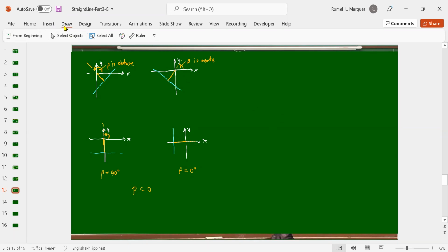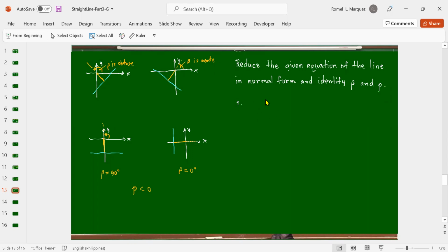So, let us have the following examples. Reduce the given equation in normal form, and identify beta and P. Okay?